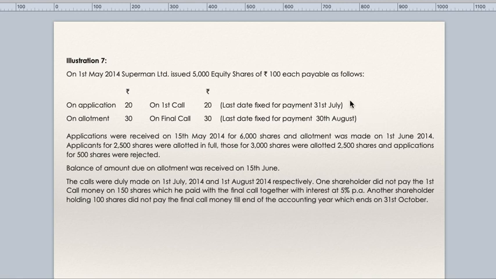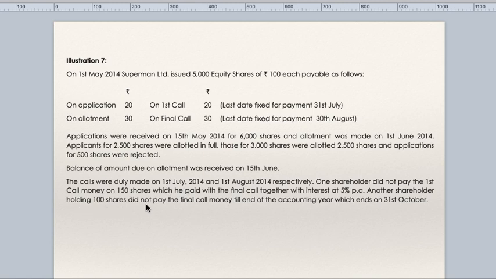Last date of first call was 31st July, whereas last date of final call was end of August. So there is only 1 month delay. So you have to calculate interest at 5% for 1 month because he has paid with final call.